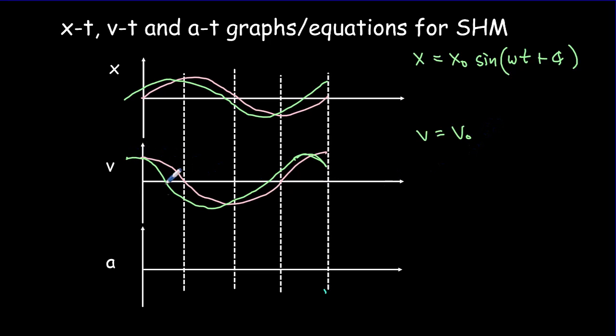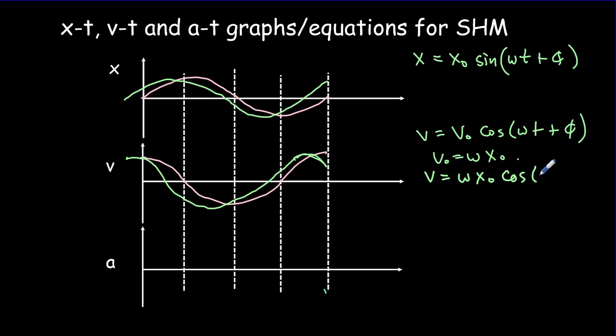We can see that this is a cosine curve, so it would be the cosine of omega t plus phi. Now, we saw earlier that v naught is equal to omega times x naught. So we can replace that v naught to get this equation, v equals omega x naught times the cosine of omega t plus phi. So we can adjust phi there to get any starting position for our oscillator.